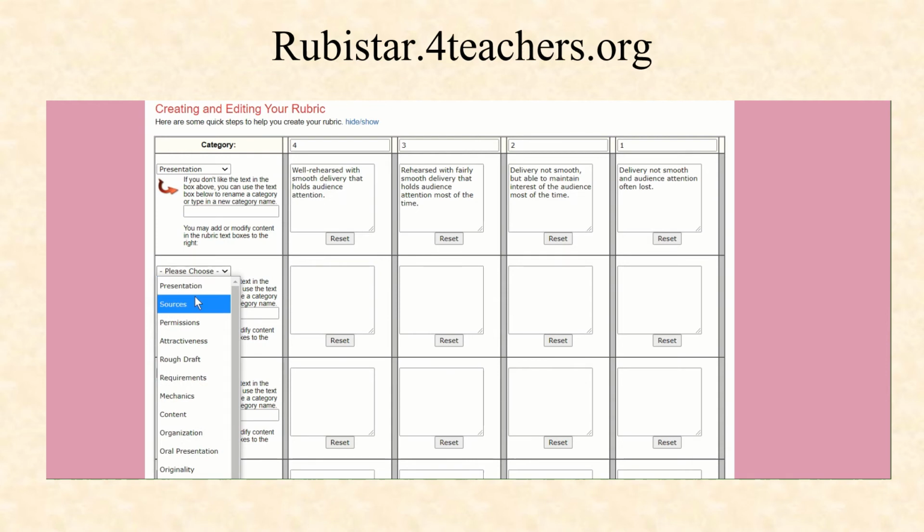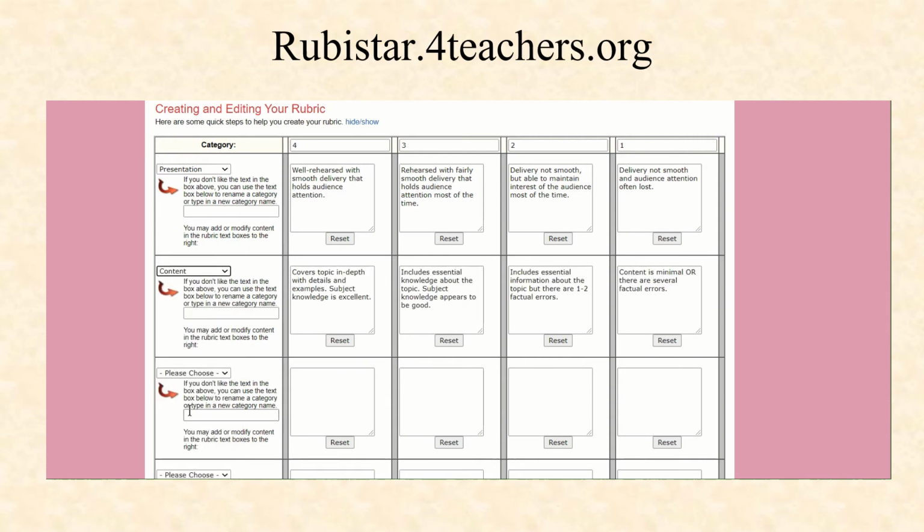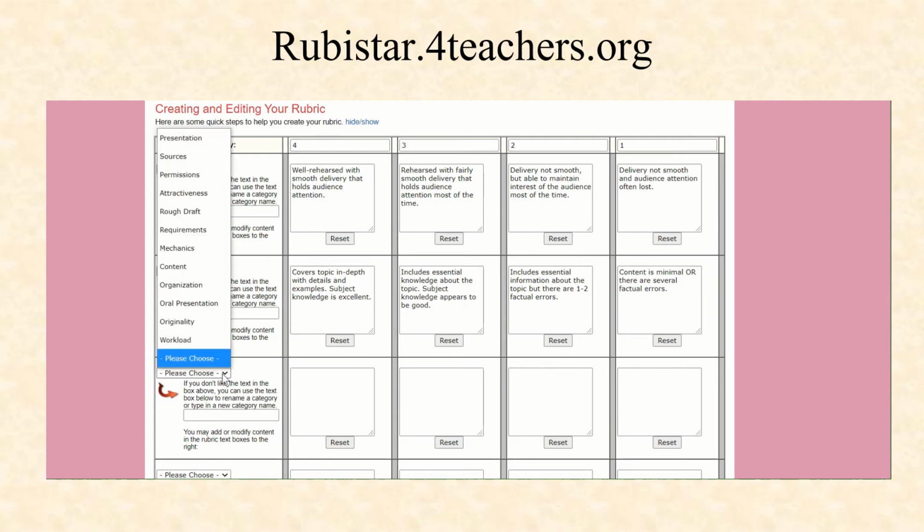They're also looking at items such as sources that we mentioned, permissions, the attractiveness, if a teacher wants to use a rough draft, requirements, mechanics, the content itself. Let's take a look at content for a moment. The in-depth aspect of it, or is it minimal, and how well is it researched? The oral presentation, the originality, and the workload.